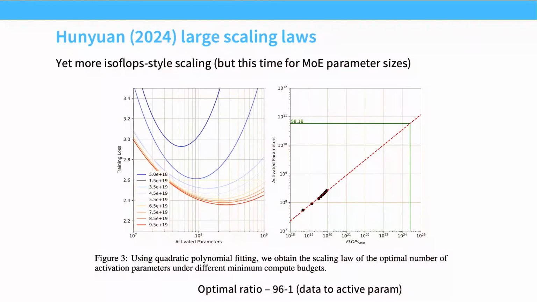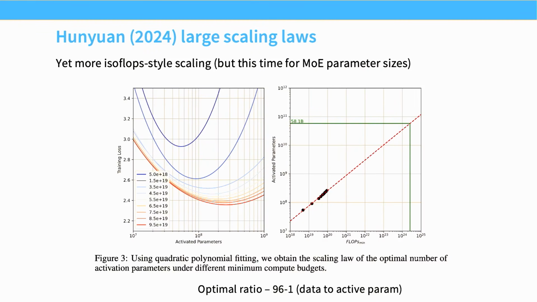Hunyuan, which is another open source MoE from a few years ago now, they do a very similar thing, right? I think every company, once they switch to the MoE, has to do this kind of MoE scaling law to figure out how the number of activated parameters or the amount of sparsity changes training loss, and then they redo a lot of these analyses.